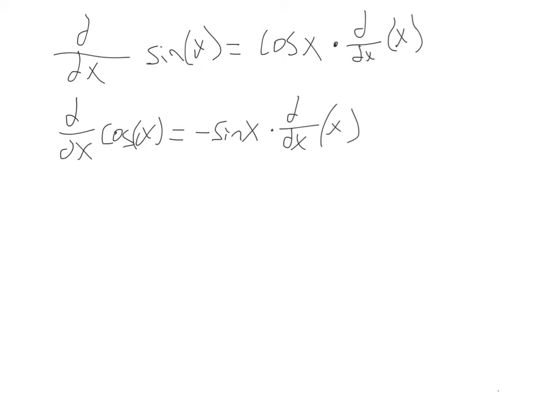So there's my velocity. And my acceleration is equal to 3 times the derivative of the cosine of t, which gives me negative 3 cosine of t times the derivative of t.